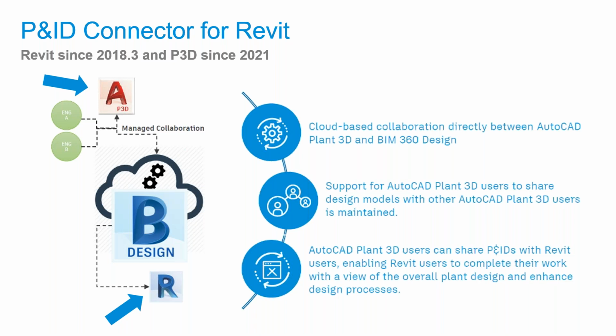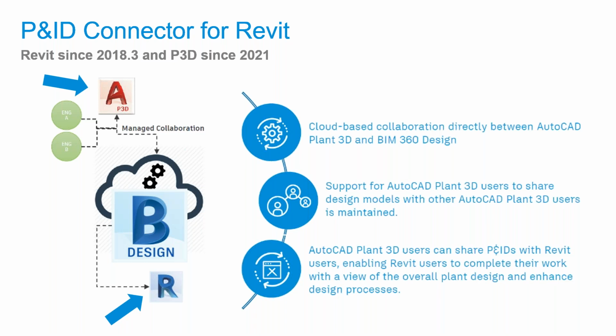So what you will do is basically load the PNID by accessing the PNIDs stored in the cloud, and then you will have to map some specifications and catalogs within the PNID to the Revit services themselves, and then you can reuse and place the equipment along with the PNID.